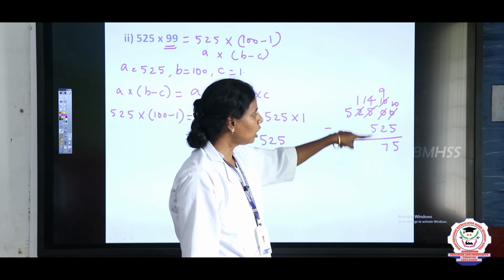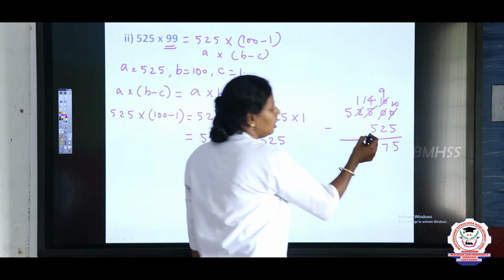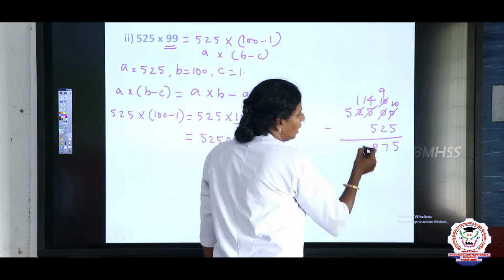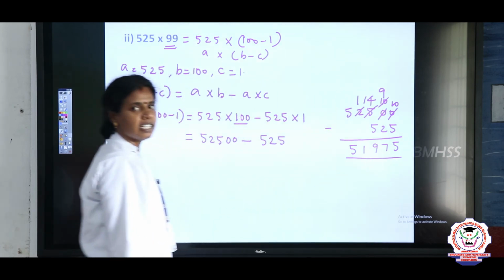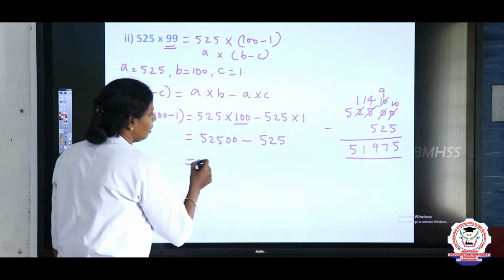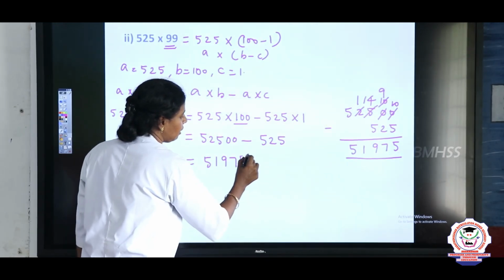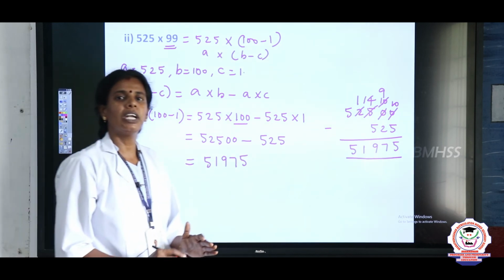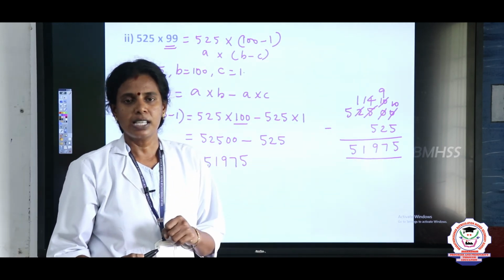Now subtract 14 minus 5, which is 9. And here 1 and 5 we will write as it is. So therefore the answer is 51975.